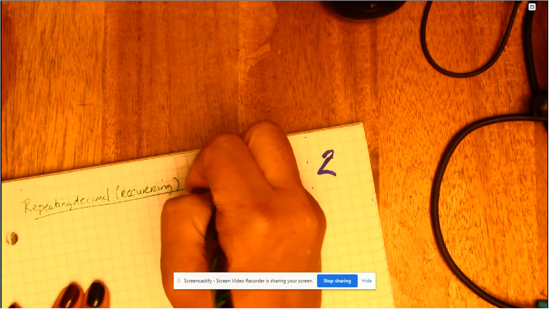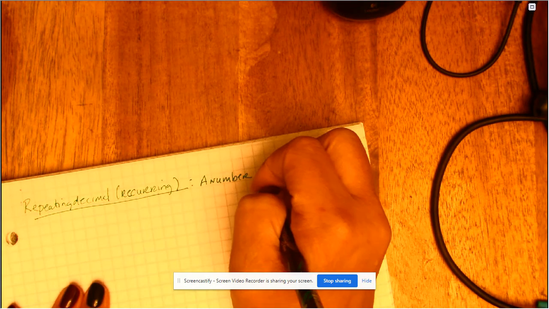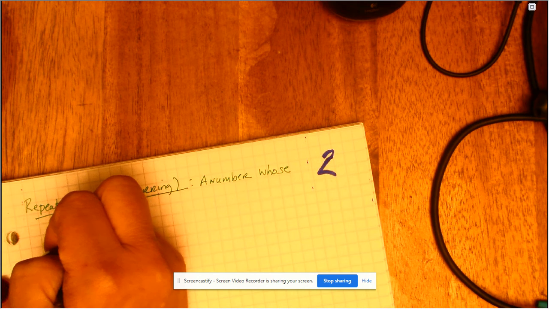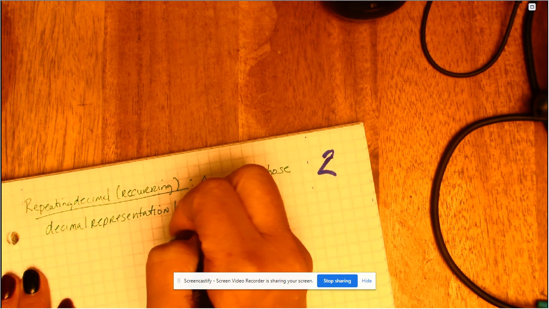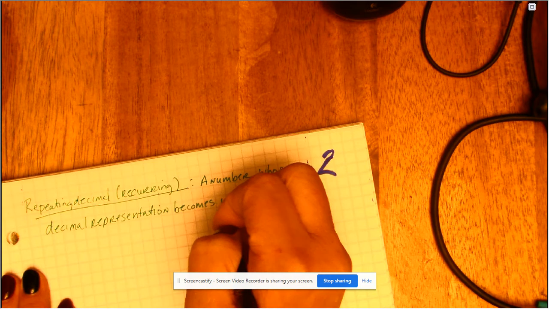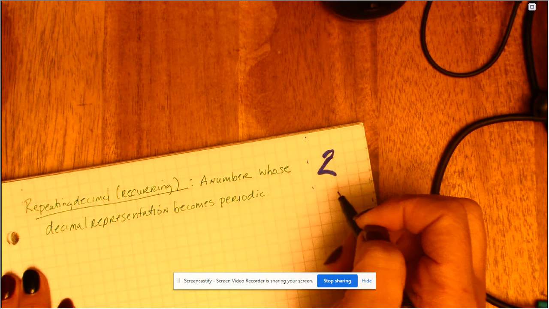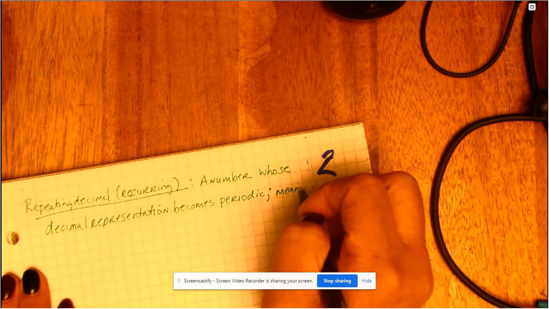Okay, so a recurring decimal is a number whose decimal representation becomes periodic. And when something is periodic, it means that it occurs over and over or at specific intervals.